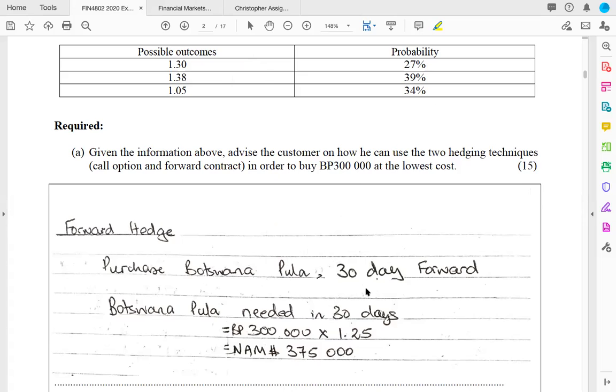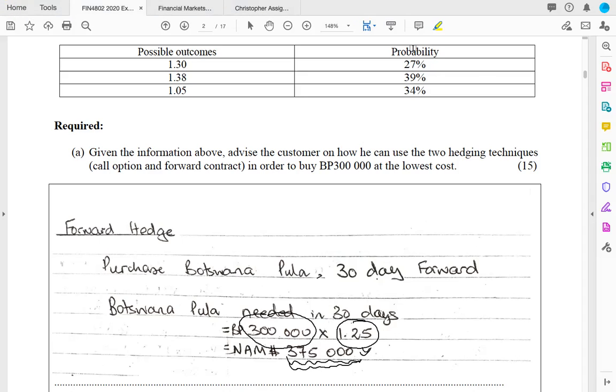So if we enter into the 30-day forward contract, it means we will purchase 300,000 Botswana Pula at 1.25 Namibian dollars per Pula, and then that will mean that we will need 375,000 Namibian dollars for the 30-day forward contract.